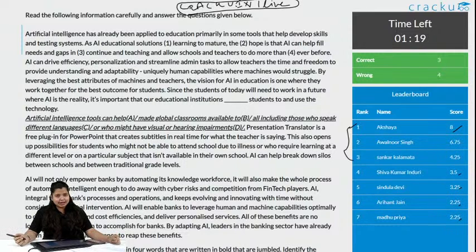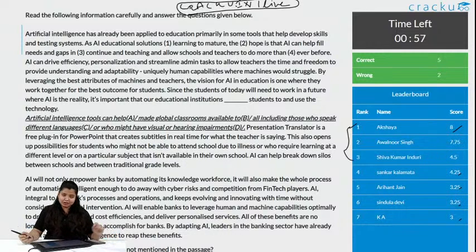Time is passing by, I feel someone is going to get a perfect 10 score, and that's very nice. And the last question in the last minute.